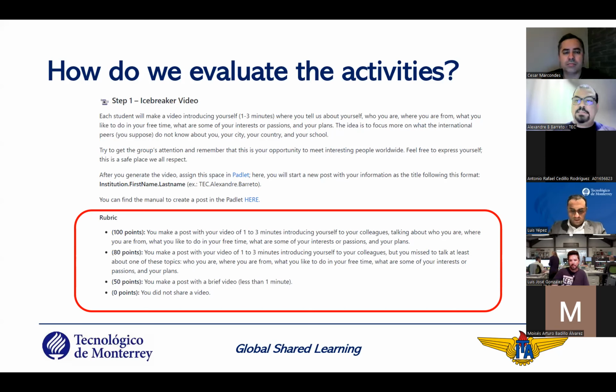For example, the icebreaker activity, the generation of the video. I'll explain a little ahead. If you want to receive 100 points, you need to accomplish this step here. It's good because it's clear how you'll be evaluated. Sometimes it's bad because you can do a little, but again, it's good because it's clear.